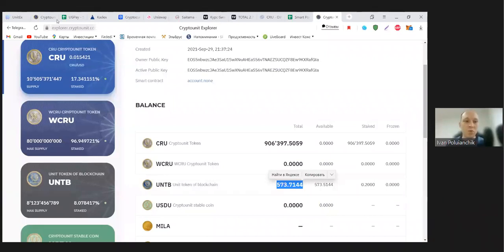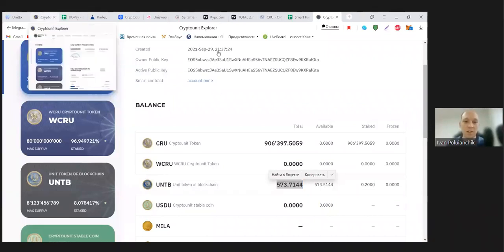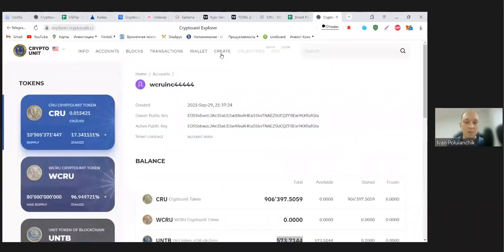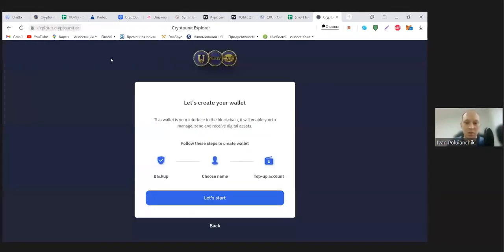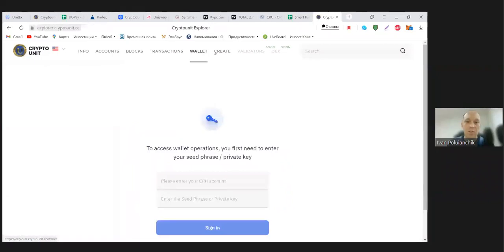CRU will be demanded by those people who will open business accounts. So today it is possible to create a business account. You can do it from your wallet.